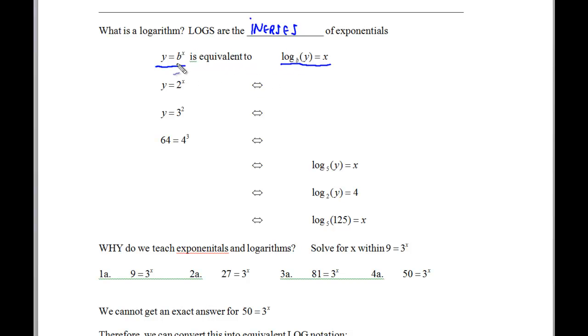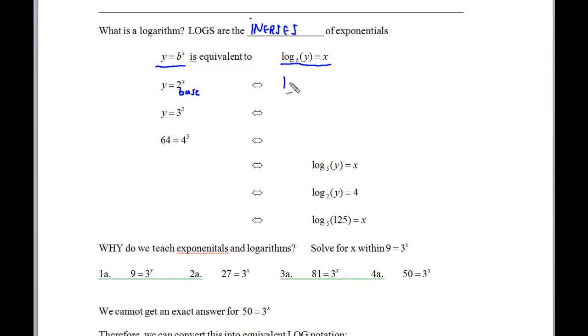So the first thing you notice is that this is y equals 2 to the x. So we are in the base of 2. Now the base means that this is what our system is going to move by. So in the table above, our base was 2, so our pattern goes 1, 2, 4, 8, 16, 32, 64.